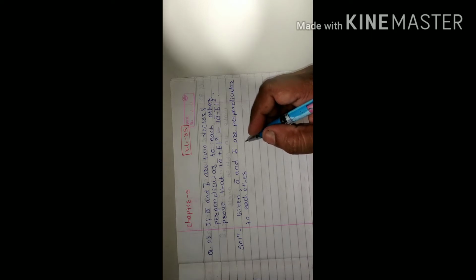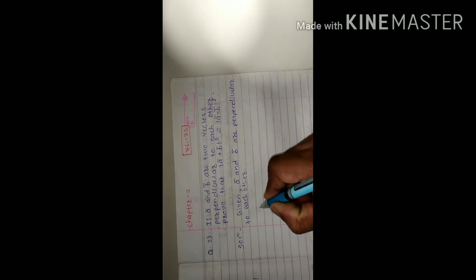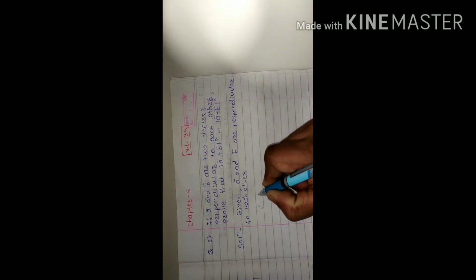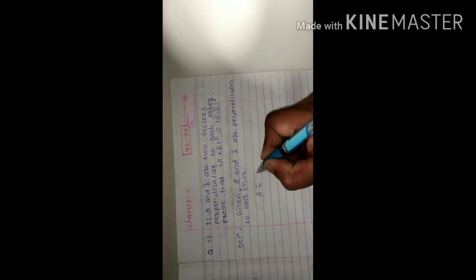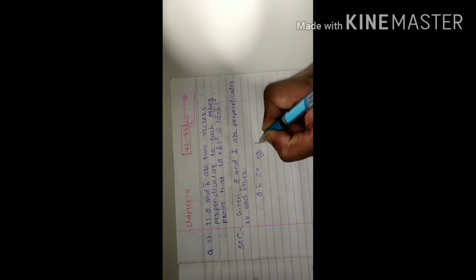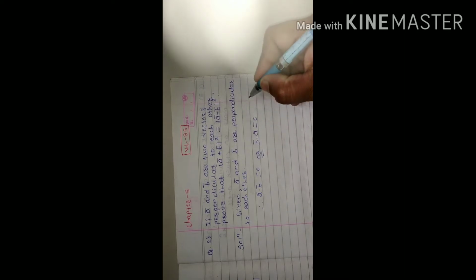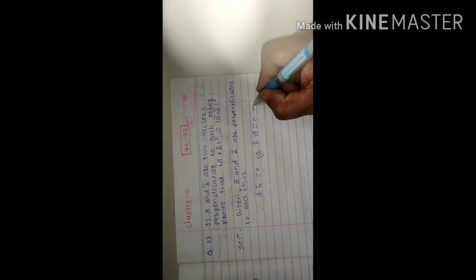When two vectors are perpendicular, at that time its dot product is 0. We know that property. Therefore, we write here the property, that is a bar dot b bar is equal to 0, or we also denote b bar dot a bar is equal to 0. We will give this equation number first.